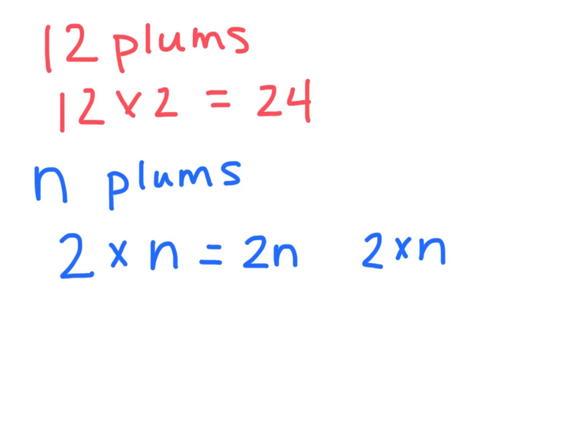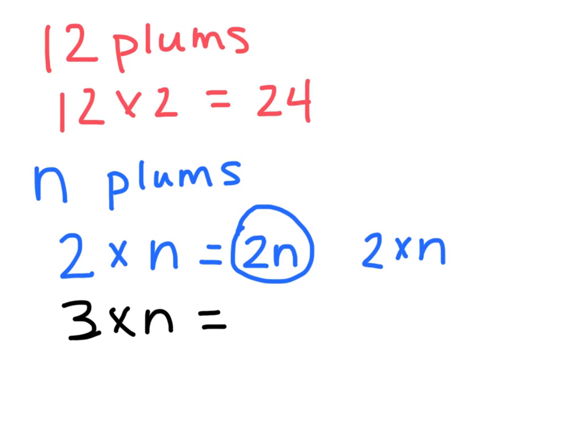You can choose. When you squish this together like this, it simply means you have 2 n's, or 2 times n. What if we had 3 boxes of plums? Well, then we would write 3 times n, or 3n, being the number of plums that we have.